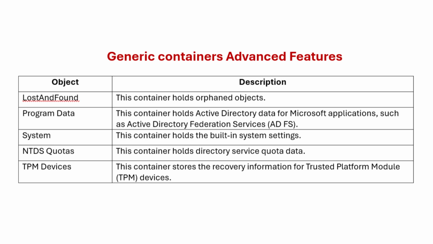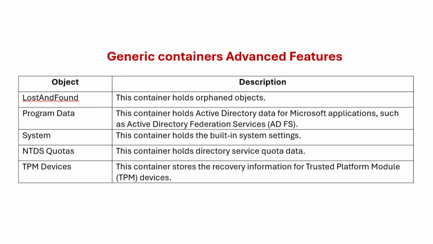There are several containers that you can review when you select advanced features. The following table describes the objects that are hidden by default. Object description: lost and found. This container holds orphaned objects. Program data.